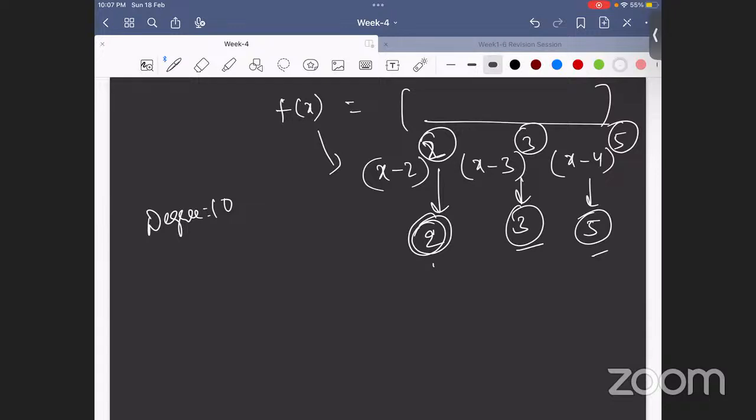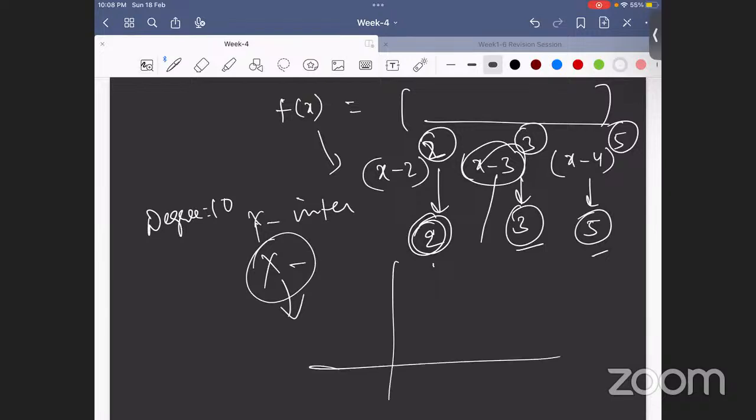For example, at x equals 3, the graph will cut at x equals 3. It is not crossing 0, 0. X-intercepts are all those values of x where the function is cutting the x-axis. If the function is cutting the x-axis at some point, that means the y value is 0.